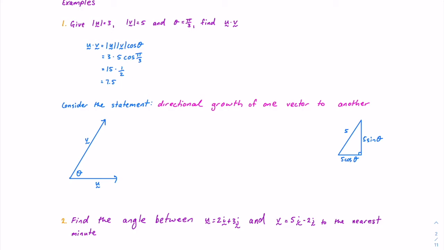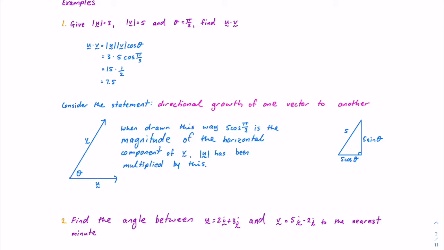Because I've drawn u horizontally, we don't know that u is horizontal, but because I've drawn u horizontally, the component of v in u's direction is 5 cos theta. So 5 cos theta is that distance there until we're directly under.